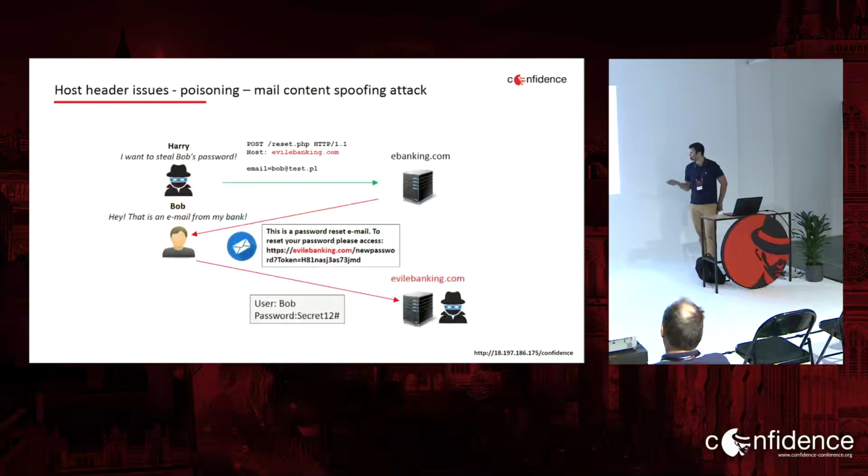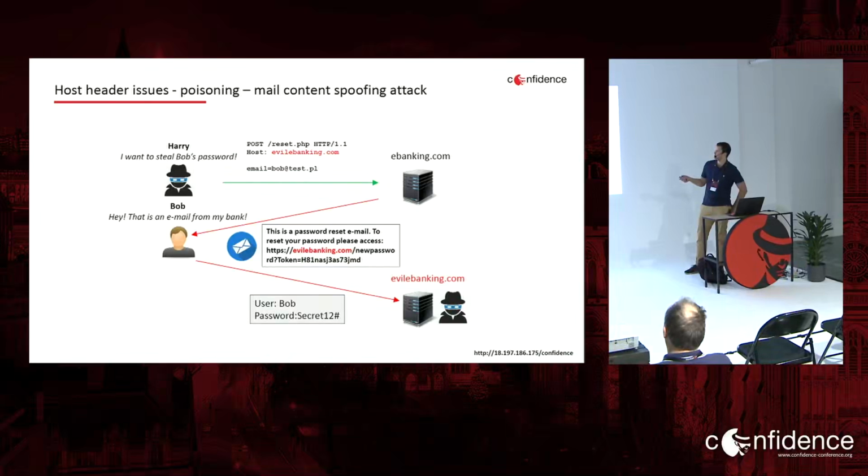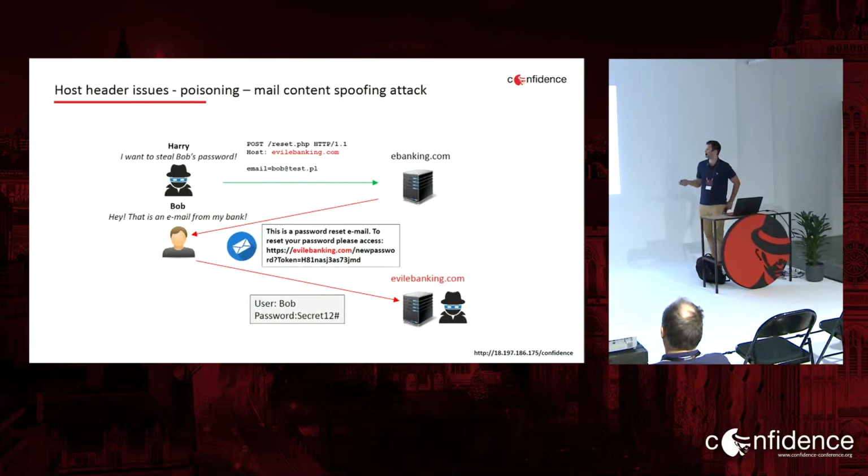The thing is that if the application is vulnerable to this host header poisoning, a hacker or a bad guy can use the host header with some, let's say, malicious website, and send this request to the web server. If the application is vulnerable, the server will respond with an email with this malicious domain within its body.